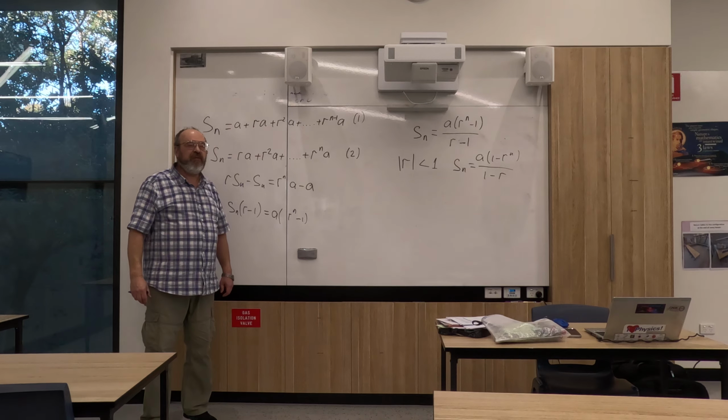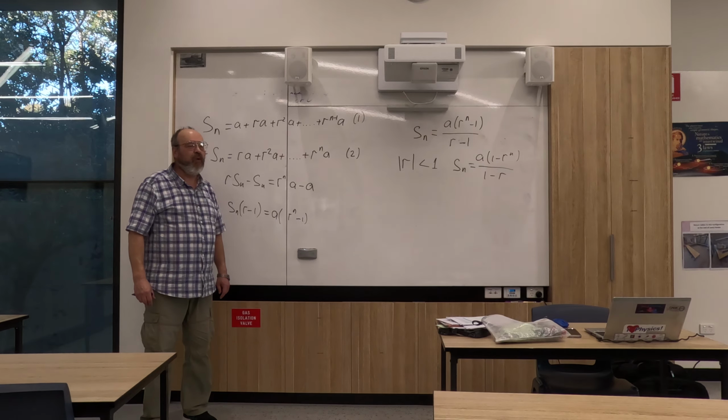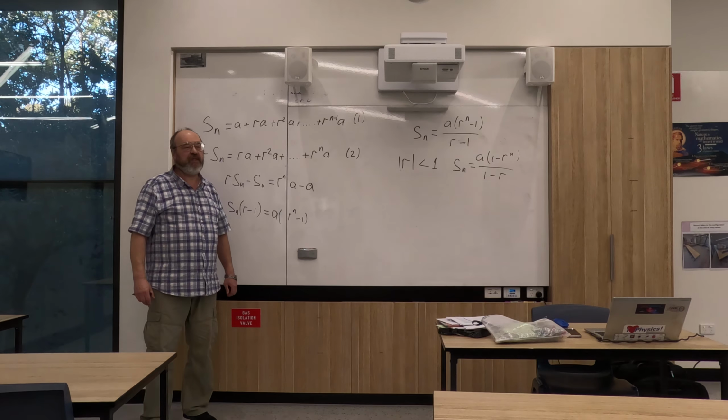Now, what if we need to find the sum to infinity for a decreasing geometric sequence? We need to calculate the sum of all terms, even if it goes to infinity. Why can we actually calculate the sum of infinitely many terms?